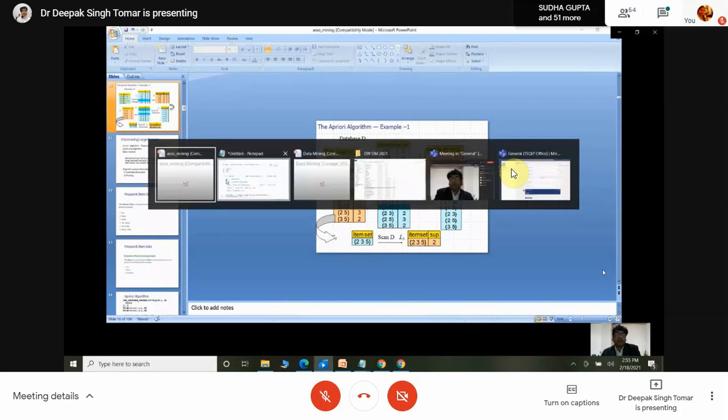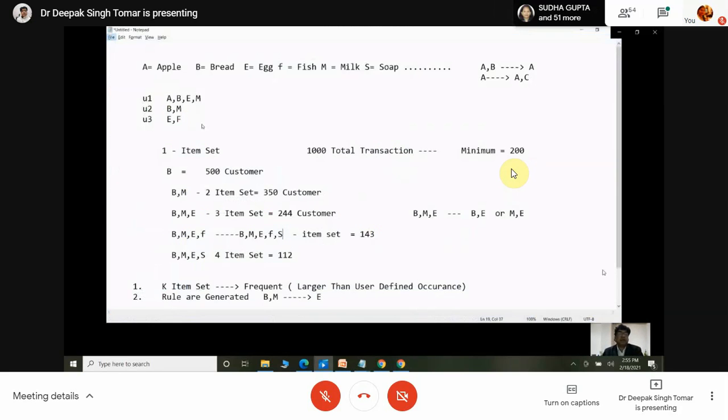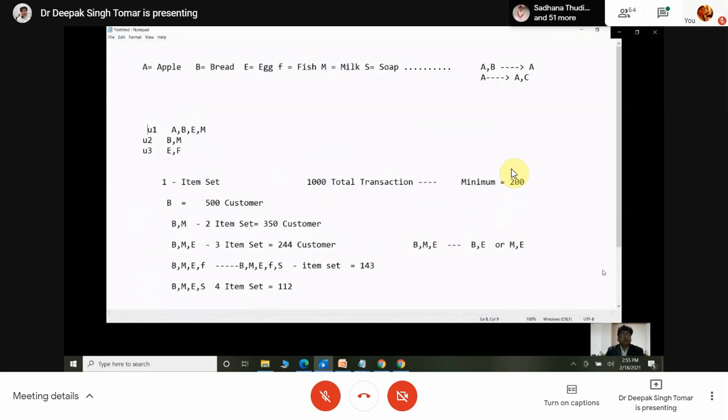So in candidate generation, the candidate sets are generated. The concept of candidate sets is like this. Two lists are there.